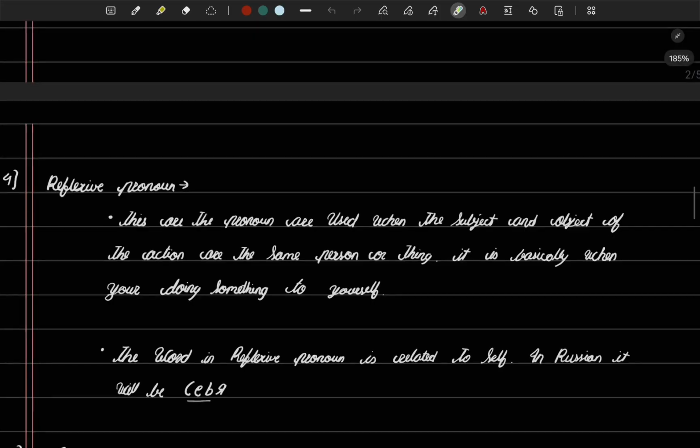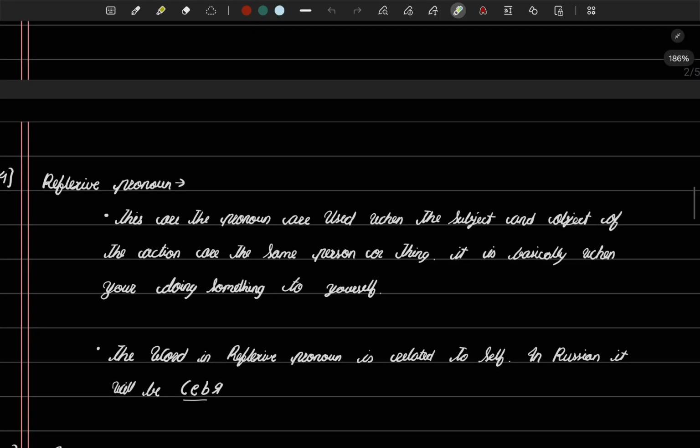Now the fourth one is reflexive pronoun. Reflexive pronouns are the pronouns that are used when the subject and object of an action are the same person or thing. So it is basically when you are doing something to yourself. The words in reflexive pronoun are related to self.